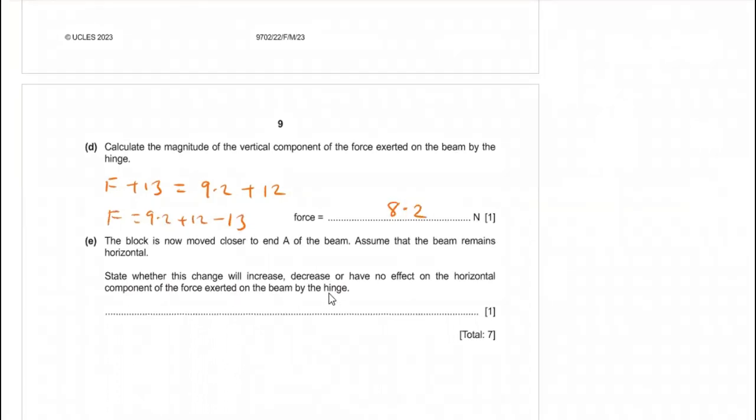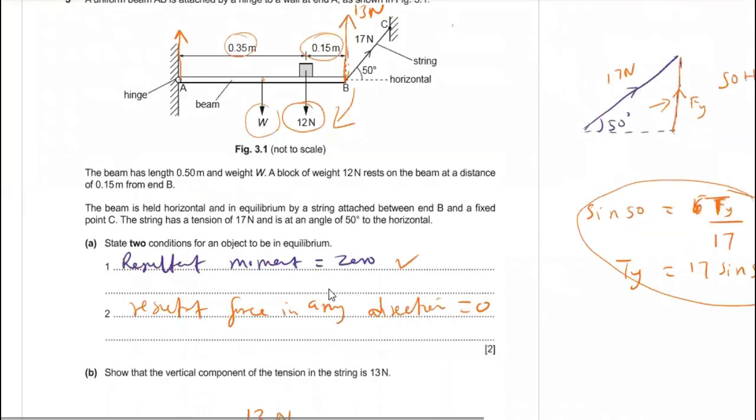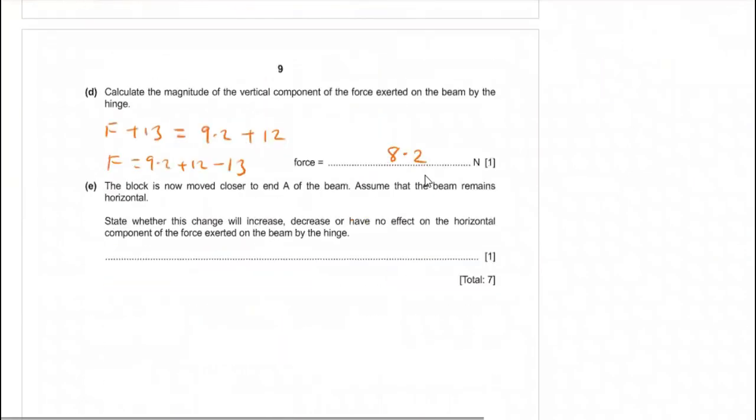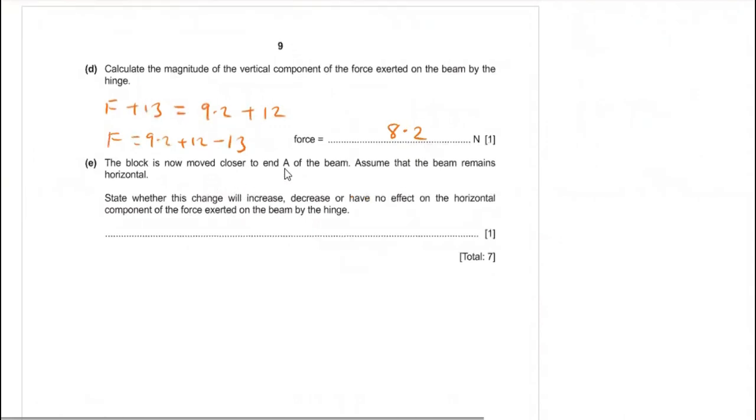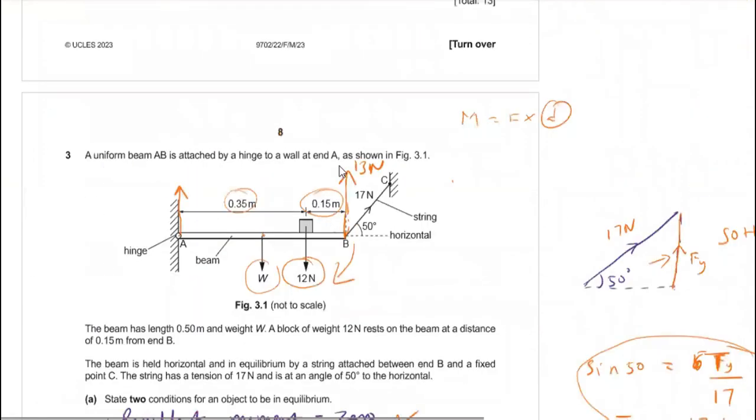Now, if we look at this question, let's look at the diagram. If the 12 Newton weight, the block, is moved closer to A, what does it mean? It means the total clockwise moment acting on the beam will decrease because of the decrease in distance here.